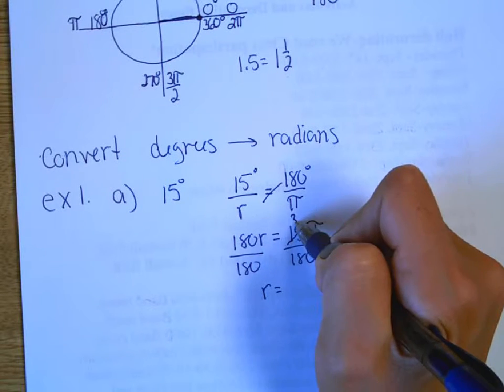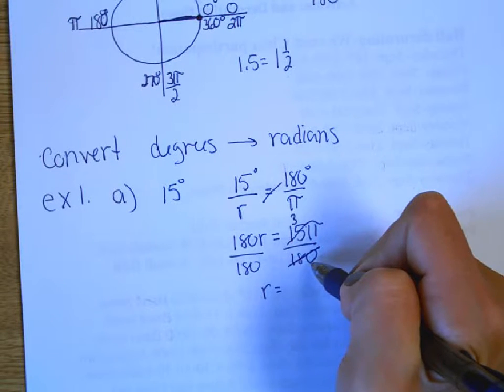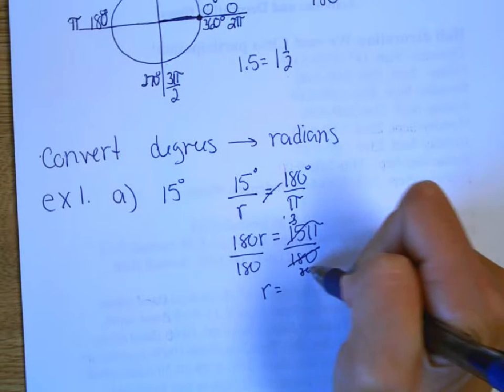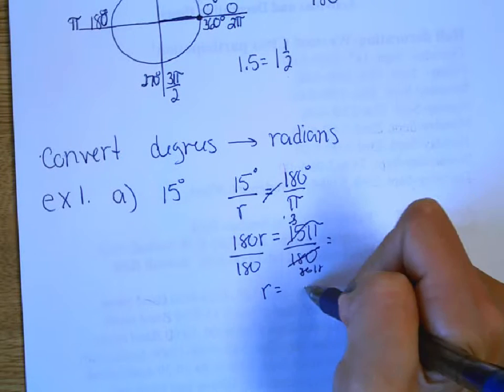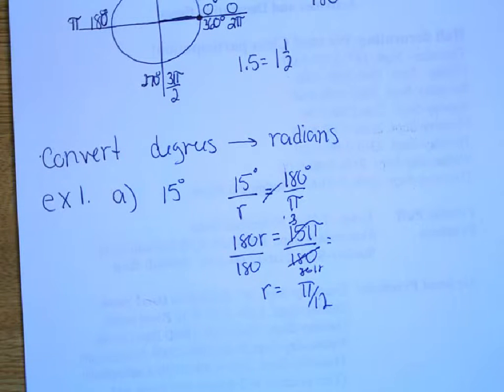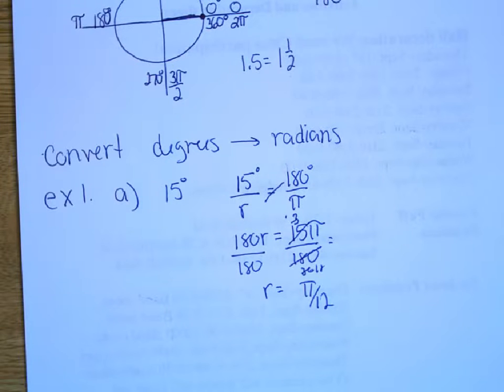So 5 goes into 15 3 times, and 5 goes into 180 36 times. So it's 3 pi over 36, and reduced again, pi over 12. We didn't get the biggest one when we picked a 5.